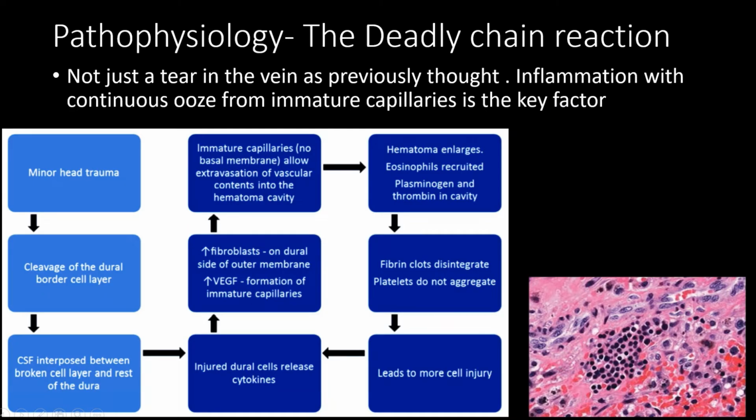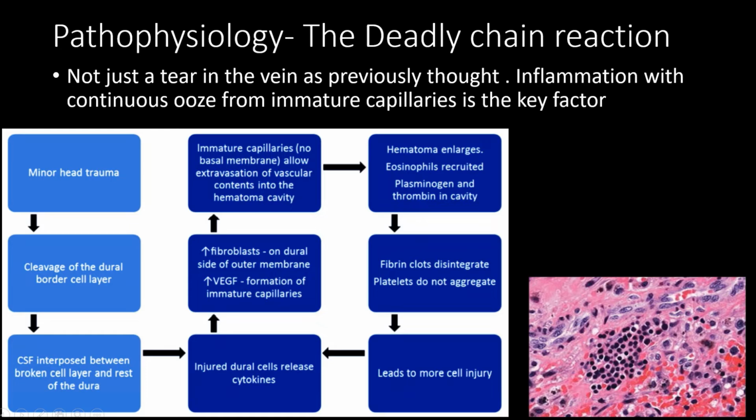Once the dural space is filled with CSF, the injured dural cells release cytokines. This leads to an increase in fibroblasts and other growth factors, which produce immature capillaries that bleed, leading to hematoma formation. The hematoma goes on accumulating, leading to more and more cell injury, and this cycle continues.